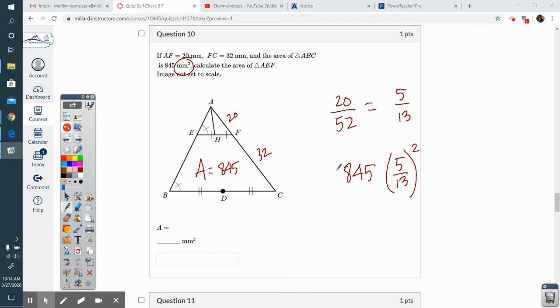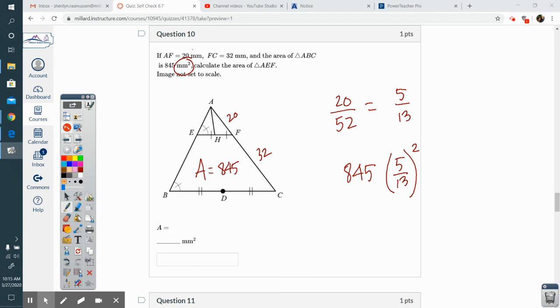So you multiply that area by your proportion squared. If it was volume, it would be cubed. And when we do perimeter, we don't square it because you're just adding the outside edges. It's not something times something. So you look at this little figure right here, and that tells you the difference.